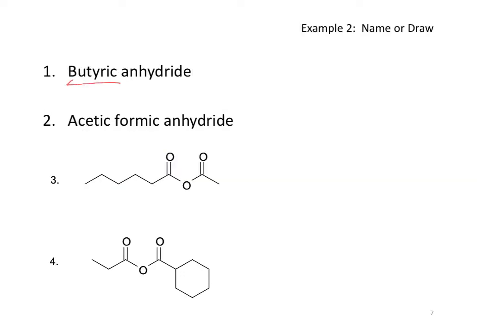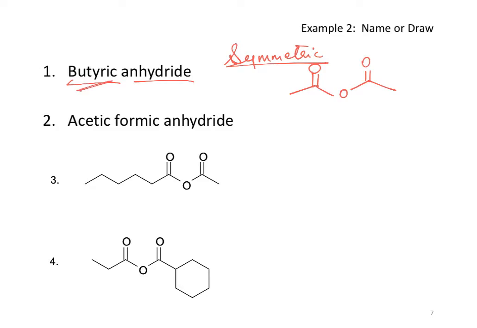Okay, so we have butyric anhydride. The fact that there is only one ic acid in the front should tell you that this must be a symmetric anhydride. Symmetric anhydrides, for example, acetic anhydride, right? That would mean that it only has acetic acid on both sides. There are two ways to see this. One is that you can put down the anhydride first and then extend on both sides.